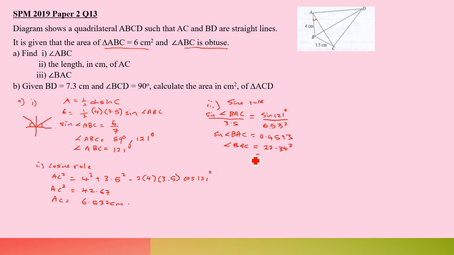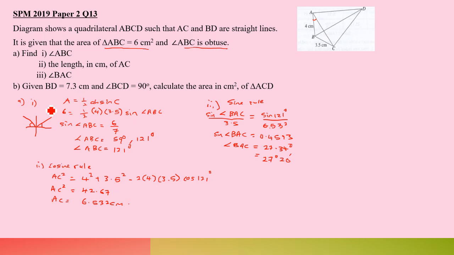You have a feature in your calculator where you can press one key and it will give your answer in minutes. So it will be 27 degrees and 20 minutes. Okay, so that will be your answer for part 3. Now let's go to the next part.